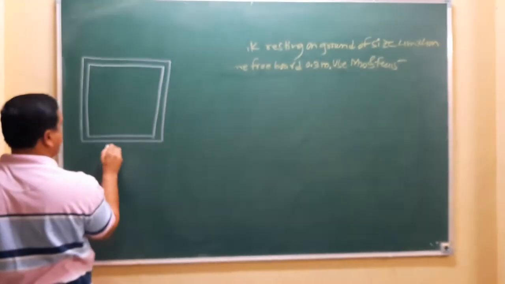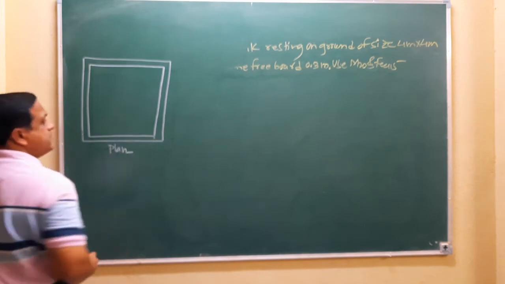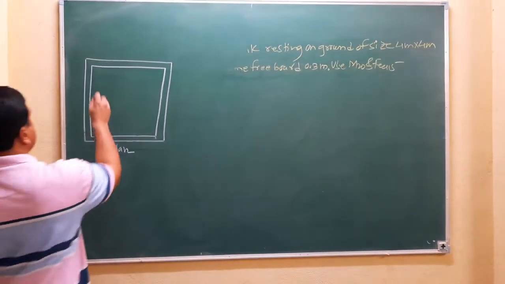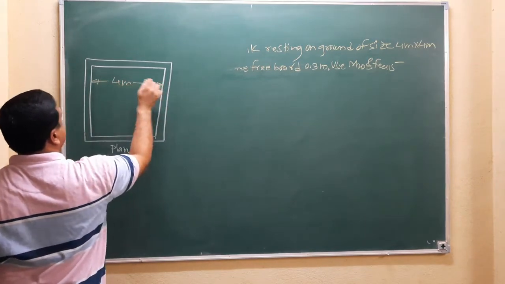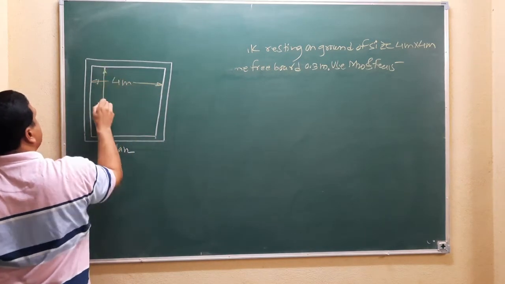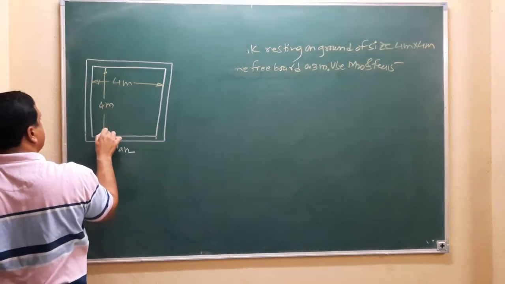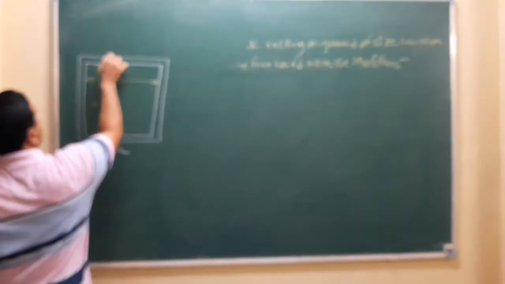This is the plan, a simple plan. So what you have to show in the plan? This is 4 meter, this is 4 meter, and this is 4 meter. And this is the thickness of the wall that you have to design.